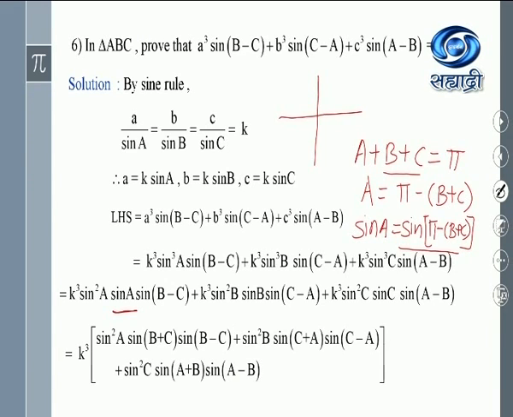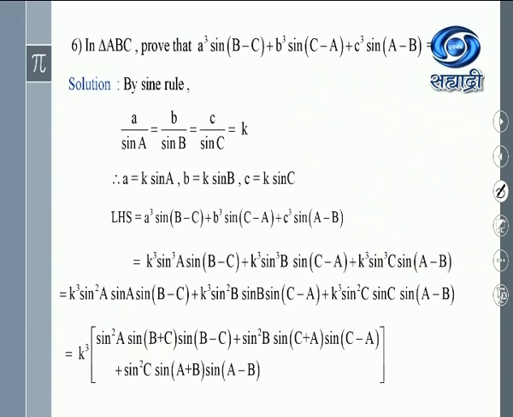And in the second quadrant, only sine and cosec are positive, right? And sine of pi minus theta is equal to sine theta, you know. What is theta in this case? Theta is nothing but b plus c. So our answer is what? Sine of pi minus b plus c is nothing but sine of b plus c. So thus we replaced sine a by sine of b plus c.